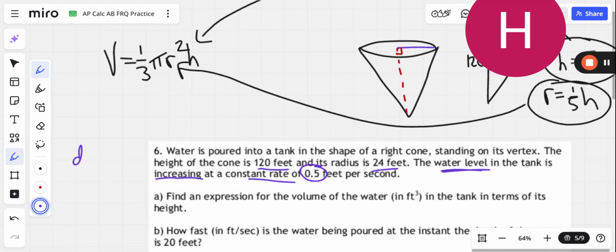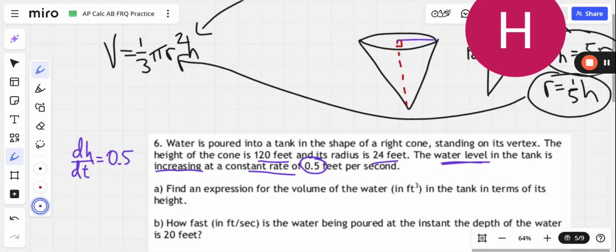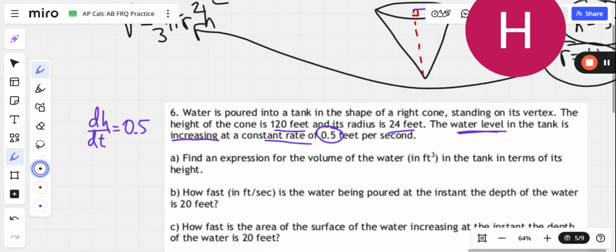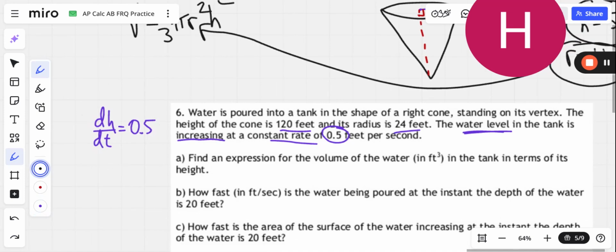So they told us that dh/dt is positive, and they gave us a value for it. They said it's a constant rate of 0.5, and it's measured in feet per second. So that's pretty useful. That tells us that we're going to want h in our volume equation, not r, because they gave us information about h stuff. So let's start to answer the questions.